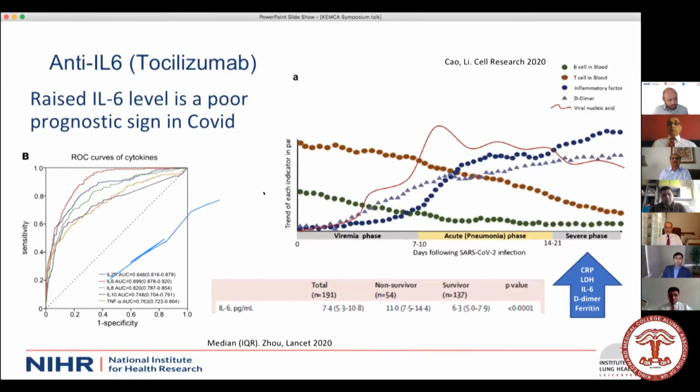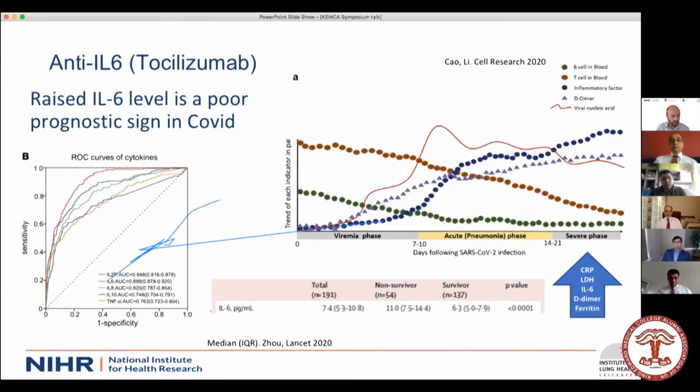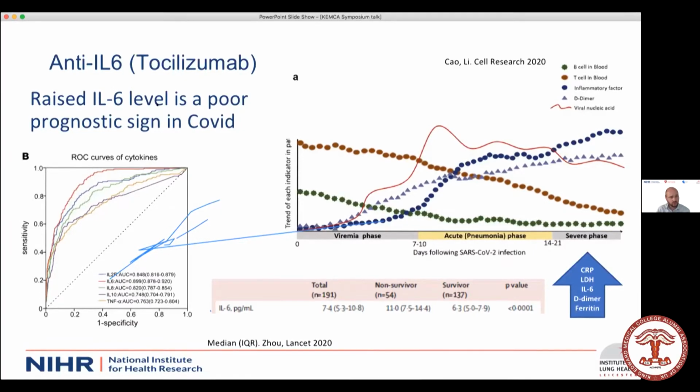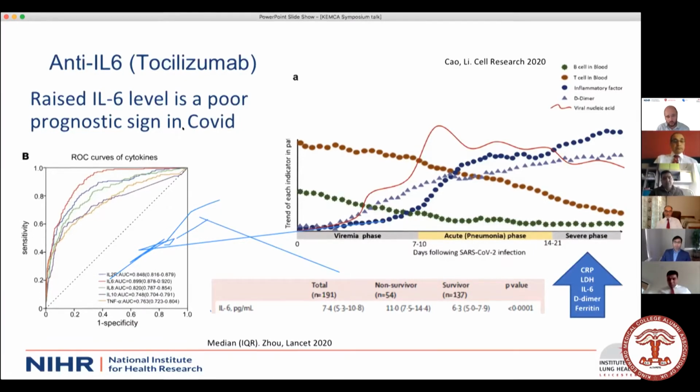So if we move into other trials, tocilizumab, which is an anti-IL-6, has been freely given actually, and if you look into the literature in the US, I think it's been given to more patients than not. We know that IL-6 is a massive inflammatory cytokine and is always associated with poor prognosis, both in COVID, but other conditions as well.